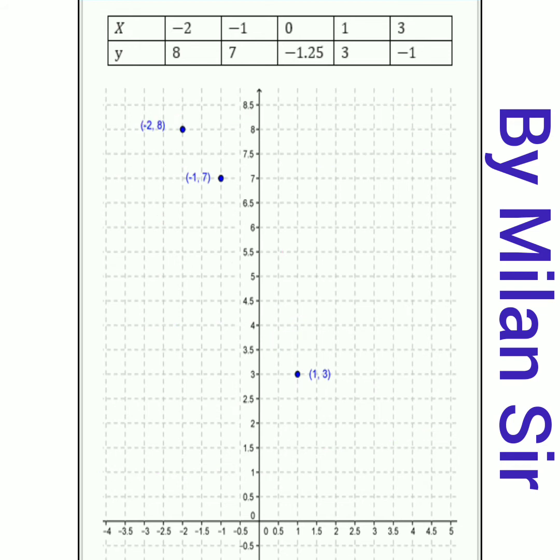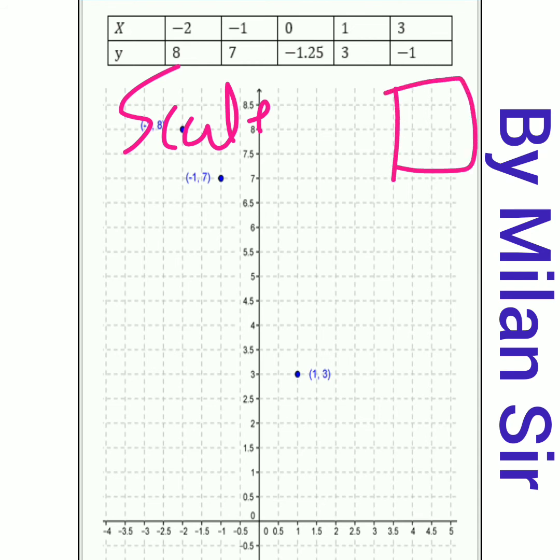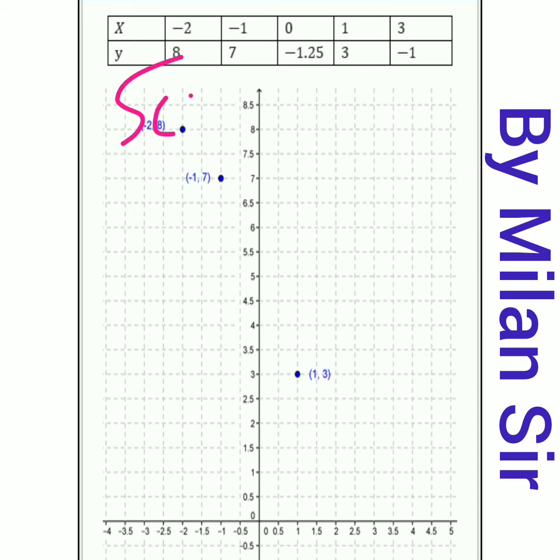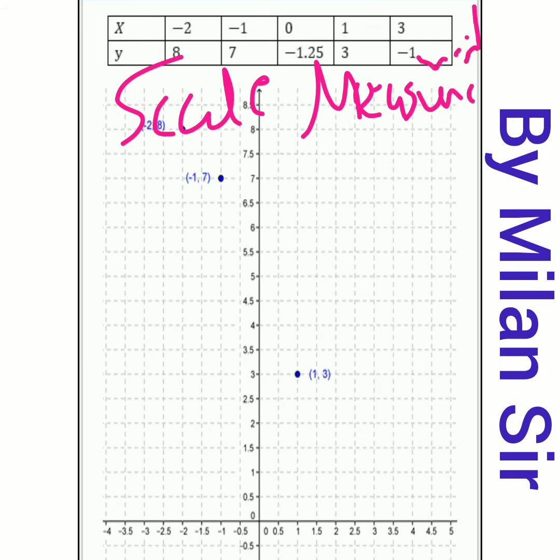Now in scale measurement, what do we need to write? Scale measurement, in our upper right corner we need to write this. Scale measurement: x-axis, 1 centimeter is equal to 1 unit.